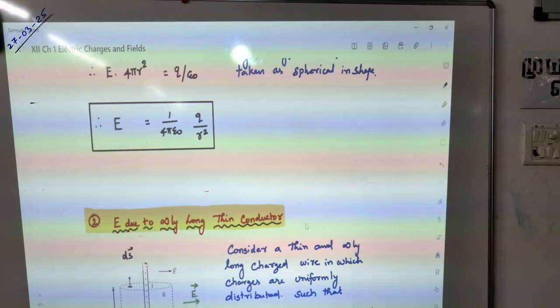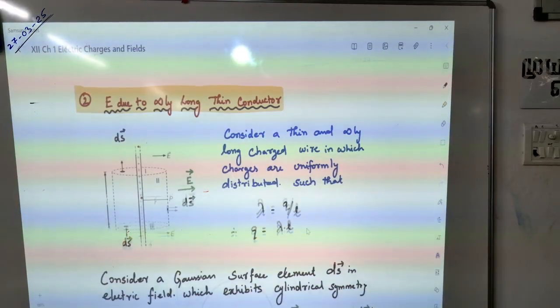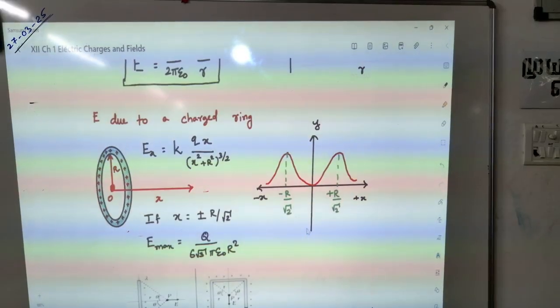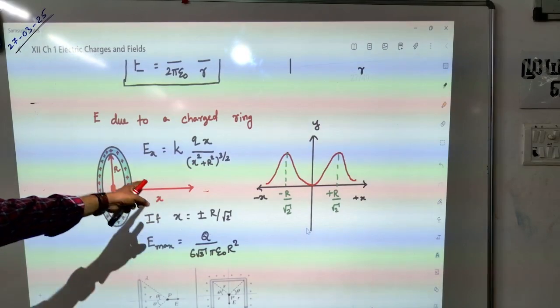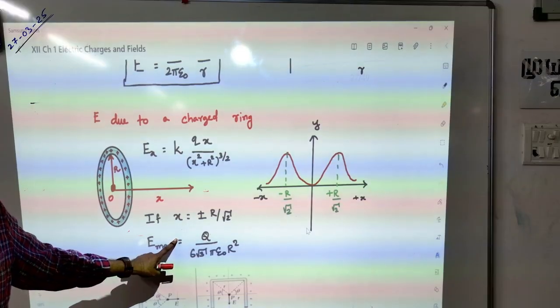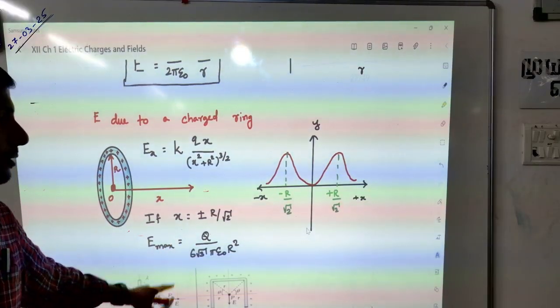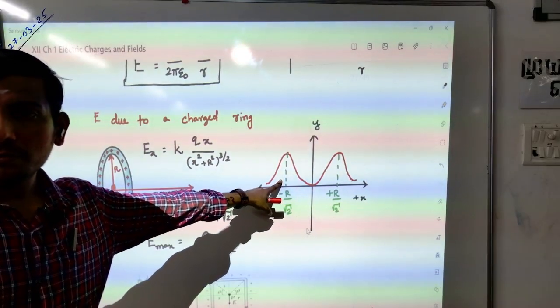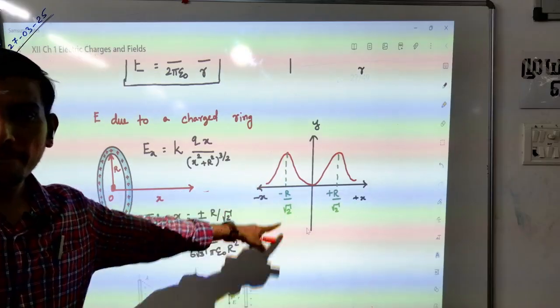And here I have taken an infinitely long conductor, a charged ring. How the charged ring has its electric field, the formula. And the field line pattern is drawn here. Got it?